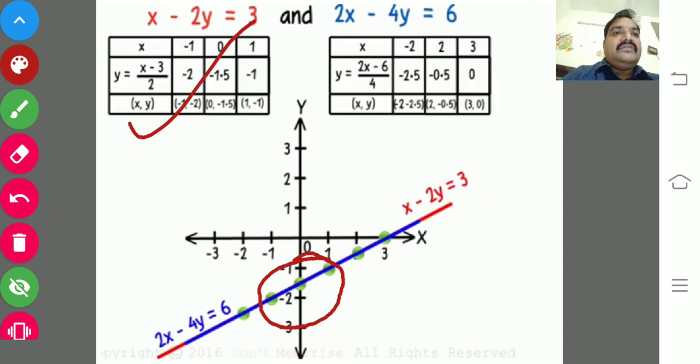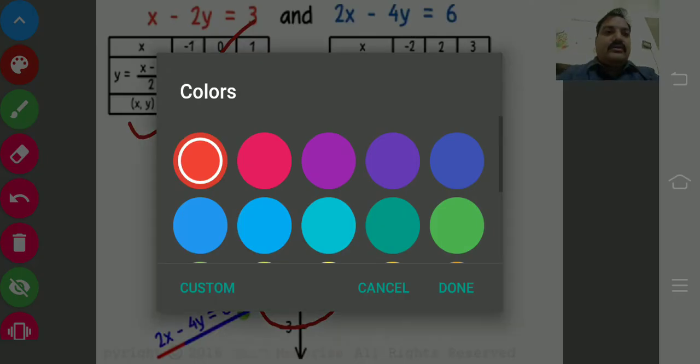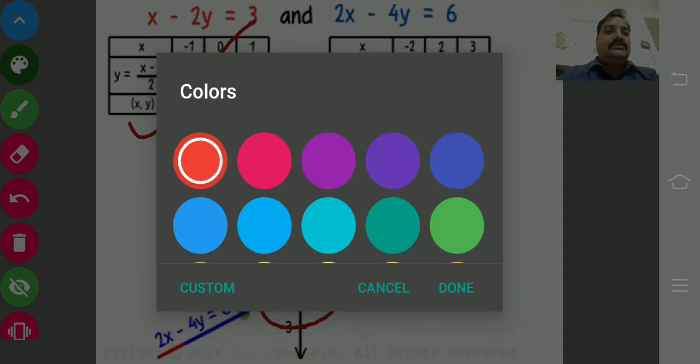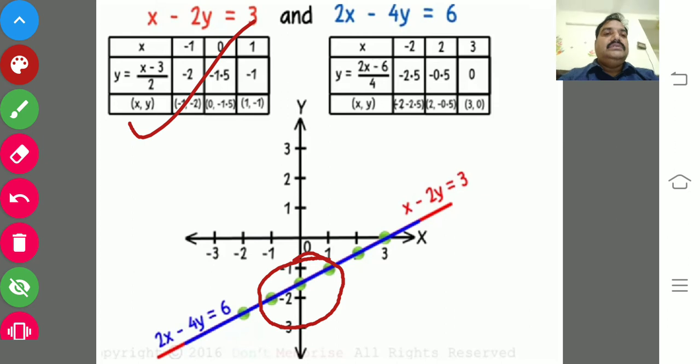Now you observe the remaining. Just I would like to change the color. Now you just observe that 3, 0. Where is 3? Yes, on the x-axis you have a 3 here.